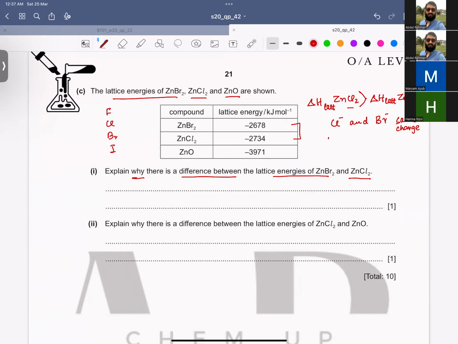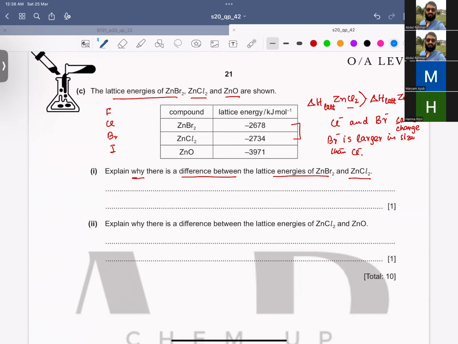So bromide ion is larger in size than chloride ion, and hence weaker forces of attraction between zinc and bromide as compared to zinc and chloride. That's why the lattice energy of zinc bromide is smaller. ये point सबको clear है? So it's for 1 mark.